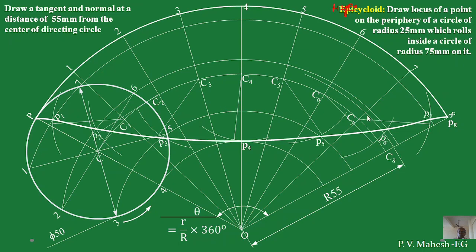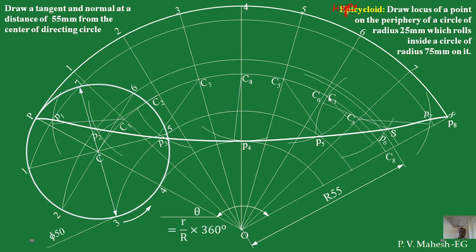It will cut this hypocycloid at point S. From S, with the radius of the rolling circle, I am cutting the line passing through the center. So this is the line passing through the center.